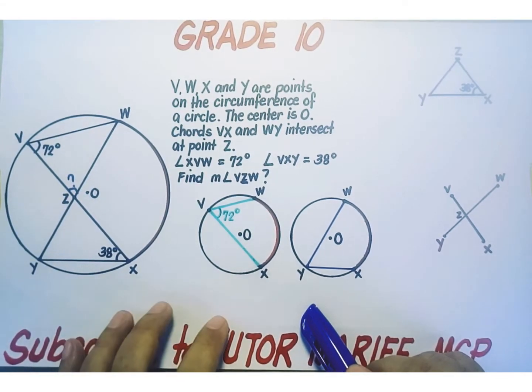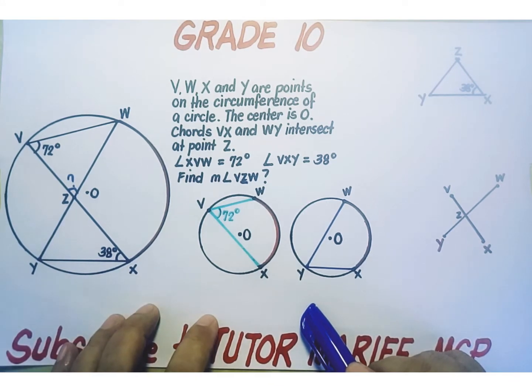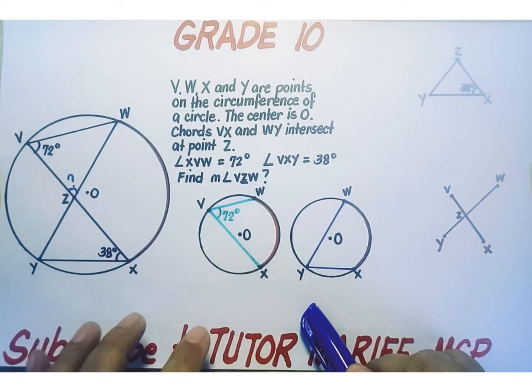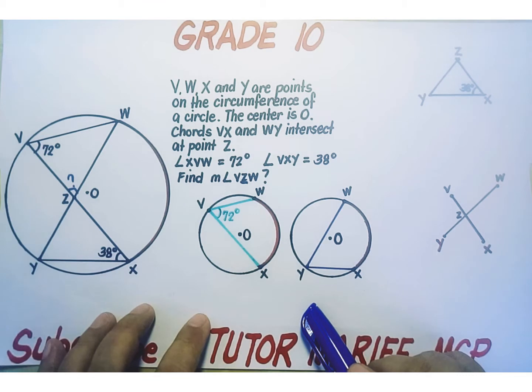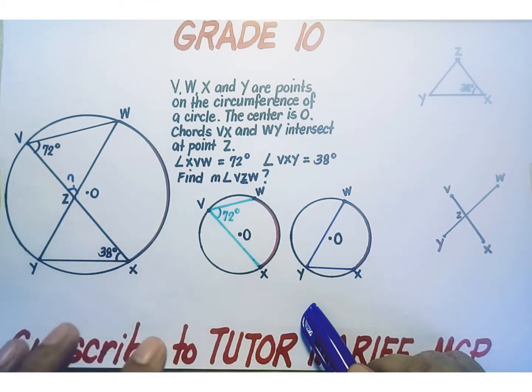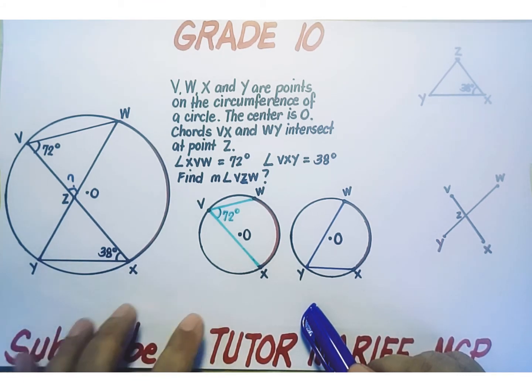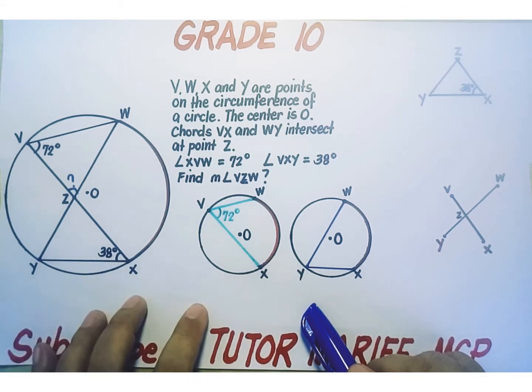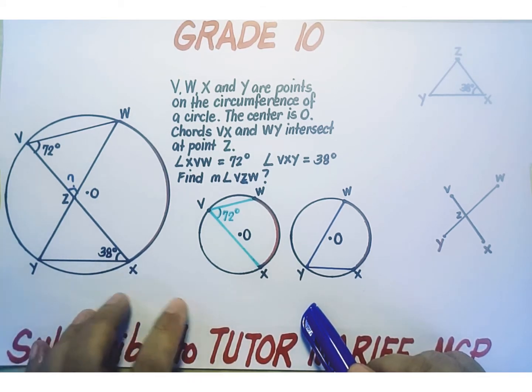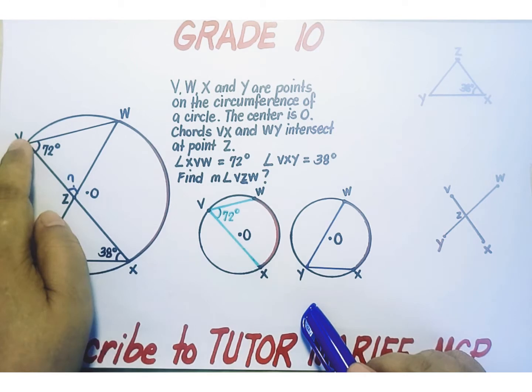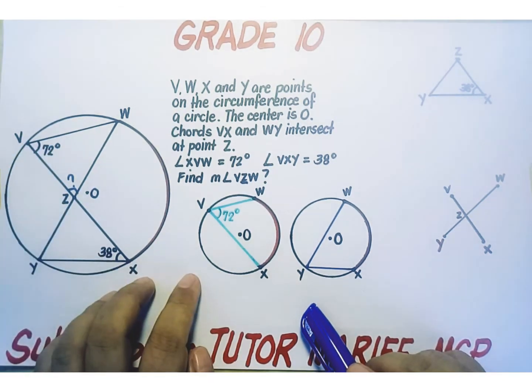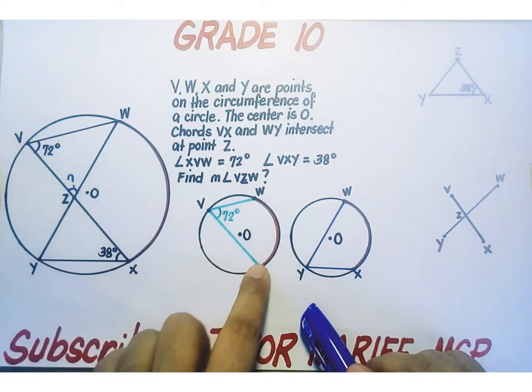Next, let's understand intercepted arcs. What is an intercepted arc? An intercepted arc is a section of the circumference encased by the sides of an angle. Refer back to angle XVW or angle V. I have drawn it separately.